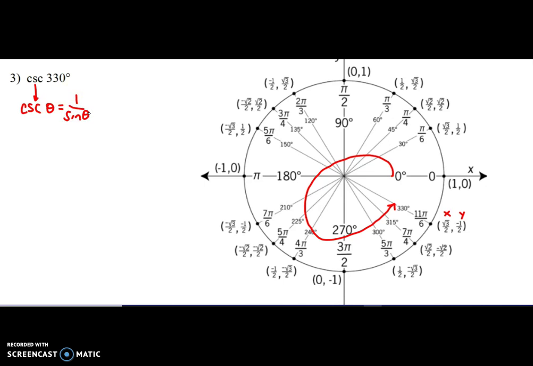All right, so let's look at the cosecant here. Well, that's our y, because sine is y. Let's write that again. Cosecant of 330 is 1 over the sine, which is -1/2.